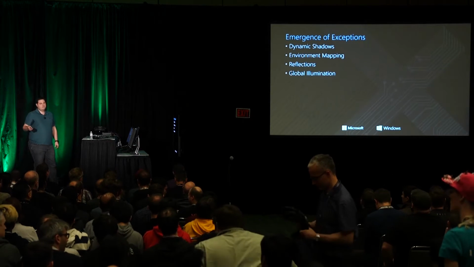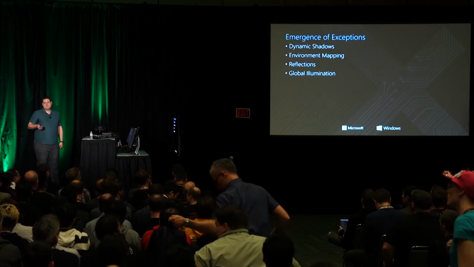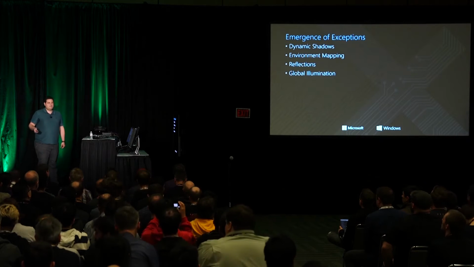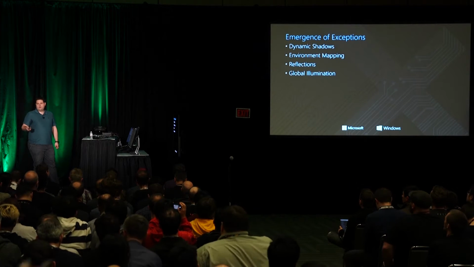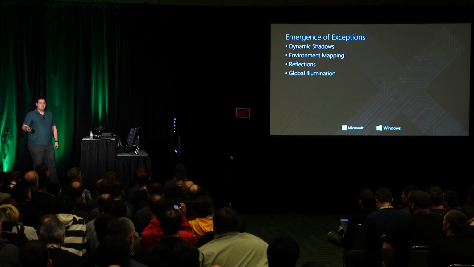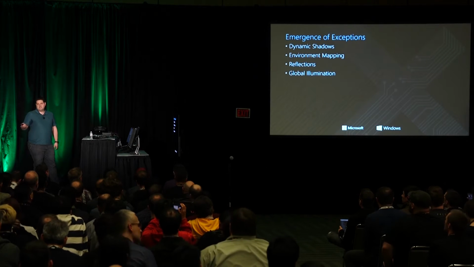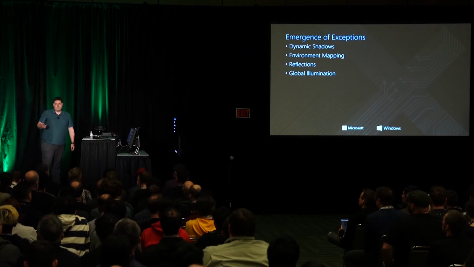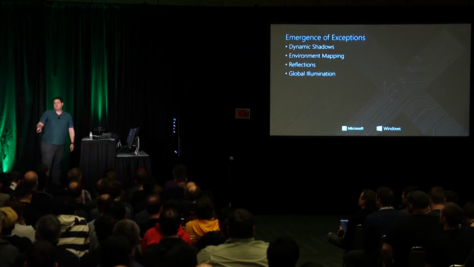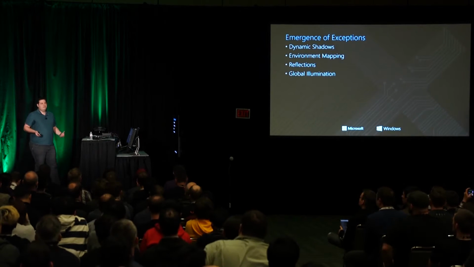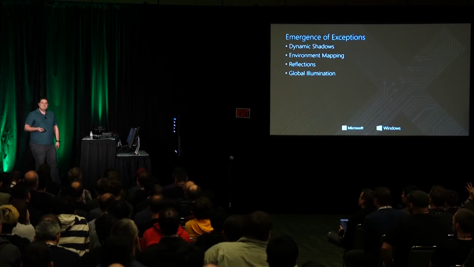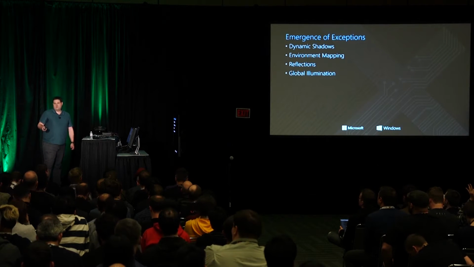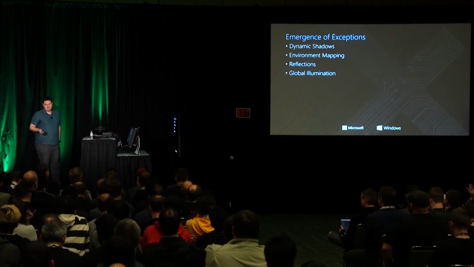There are many techniques that you see in games today where rasterization provides a passable lie, but you usually have to bend over backwards to get decent results, and there are often edge cases that you have to worry about and make a best attempt to fill in gaps. But you can end up with some really weird artifacts. Things like dynamic shadows, environment mapping, reflections, and even global illumination. Rasterization doesn't really cut it. It's a passable technique, but ray tracing is really the holy grail for producing all these techniques.